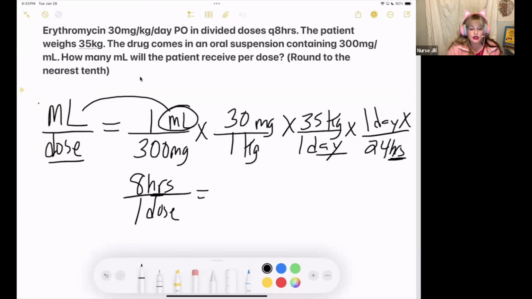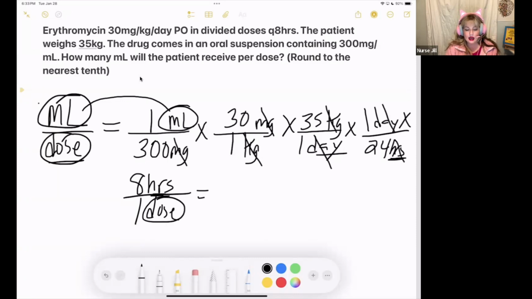So we have milliliter for the numerator label we're looking for. We have dose for the denominator label that we're looking for. We have milligrams on bottom, milligrams on top, kg, kg, day, day, hours, and hours. And so we know that we've set this up correctly.